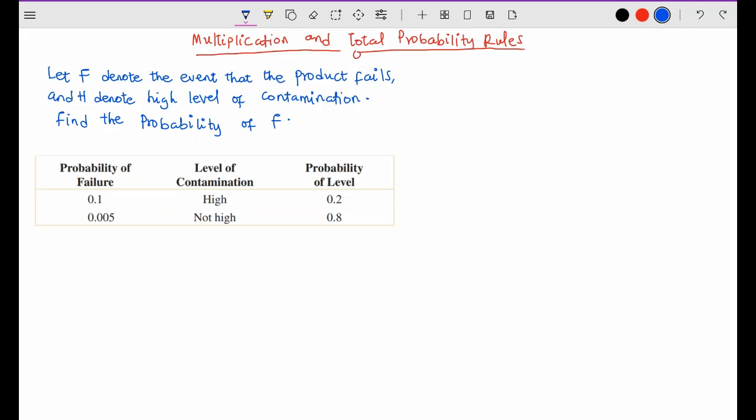We have already looked at the conditional probability rule, right?